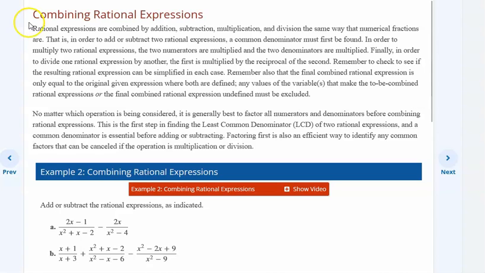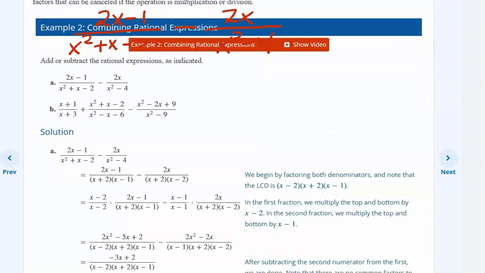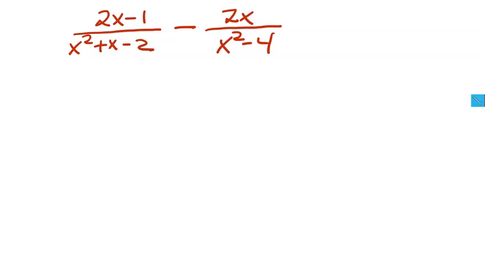So take a moment, read this over, and then we'll work these examples. Now, as we look at example 2, we'll look at A first, and I've written it here so we can use the whiteboard. As you can probably see, it gets quite tedious, and that's why I'm going to work it out in some detail.